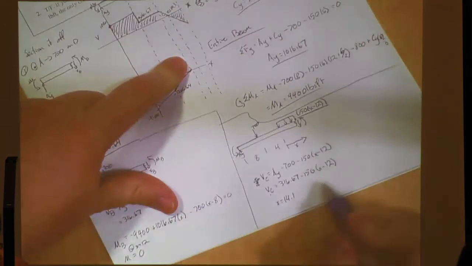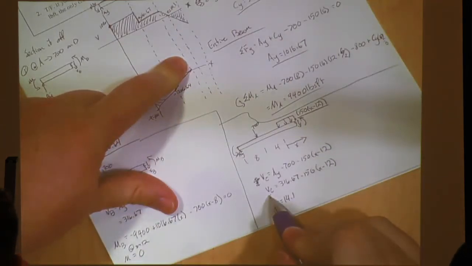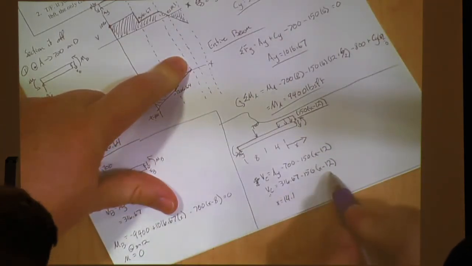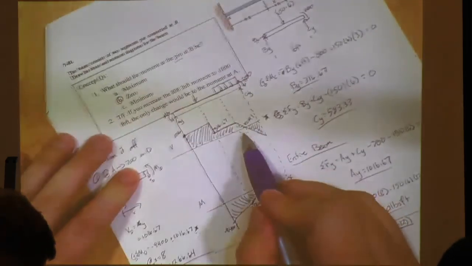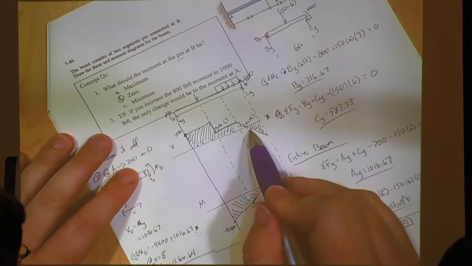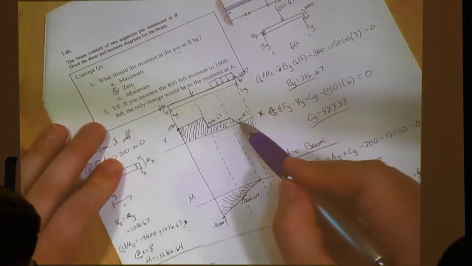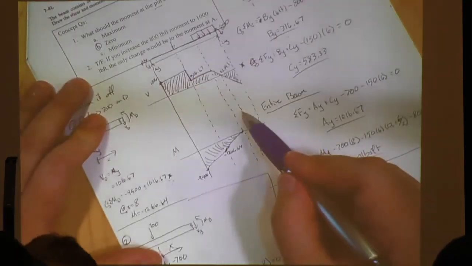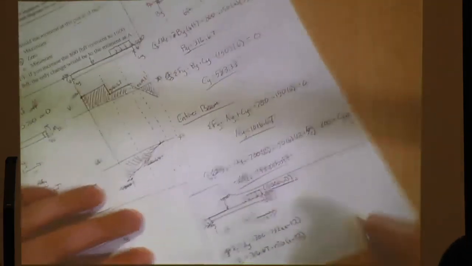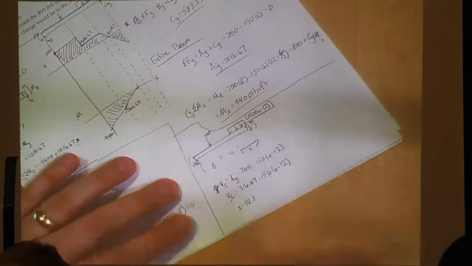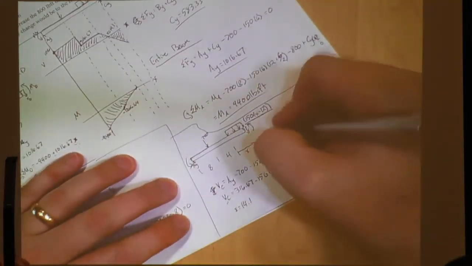All right? So we set shear equal to 0 in this equation. We solve for x to get the distance of where it crosses the x-axis up here. And where it crosses the x-axis is where the max moment, or the peak of your moment line, is going to be. And we will do a similar thing for the moment.